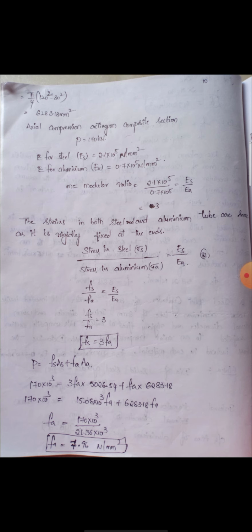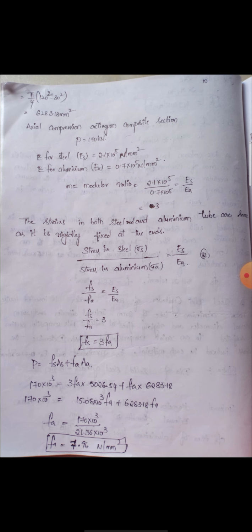Strains in both the steel rod and the aluminium tube are the same, as they are rigidly fixed at the ends. So stress in steel divided by stress in aluminium equals Es by Ea. So Fs by Fa equals Es by Ea. So Es by Ea is 3, and Fs by Fa equals 3.